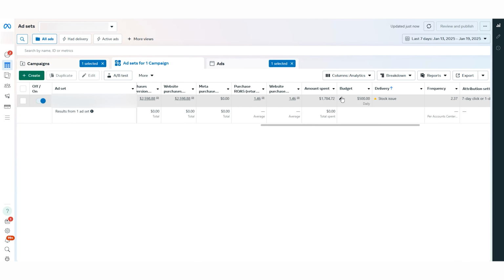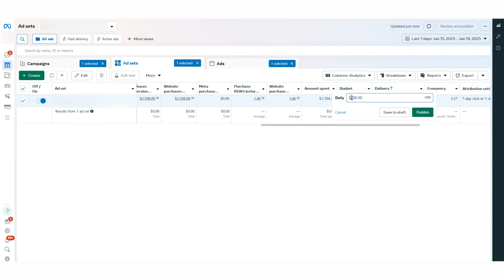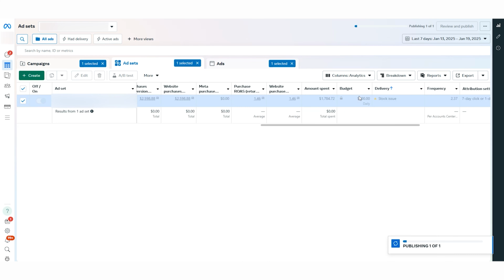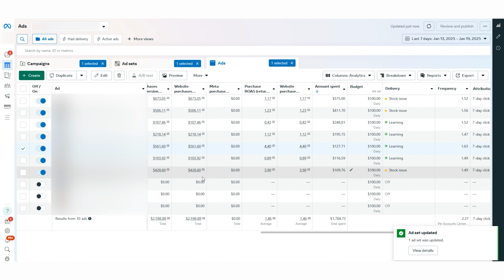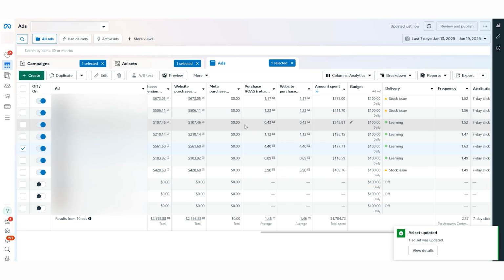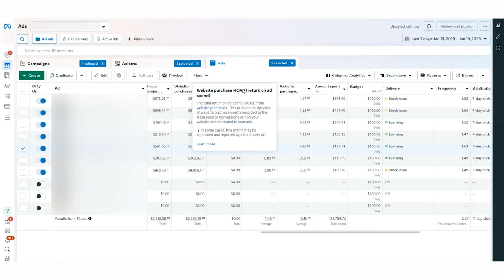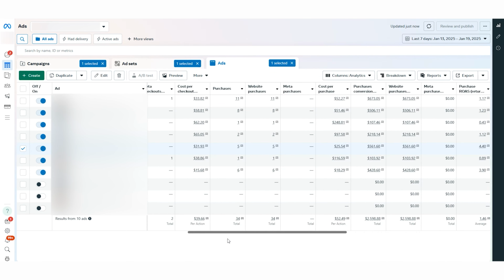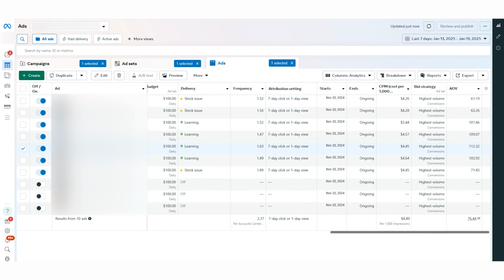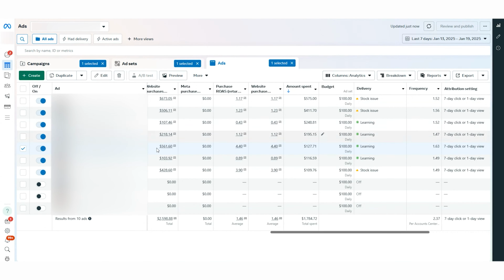But what I'm going to do is lower the budget, because I know that the owner wants this ad to run. So I'm just running it with 100, which is not influencing my results a lot. I will leave it as it is, just because I lowered the budget a lot. I want to see the new balances and I want to see it having more sales and see how it goes. But for sure, we have a problem with stock, so this campaign is not going to do well.